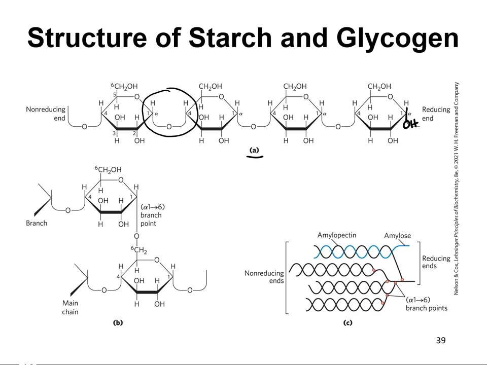In A, what we're really looking at is an example that could be amylose, or we could be looking at a part of glycogen that is unbranched.